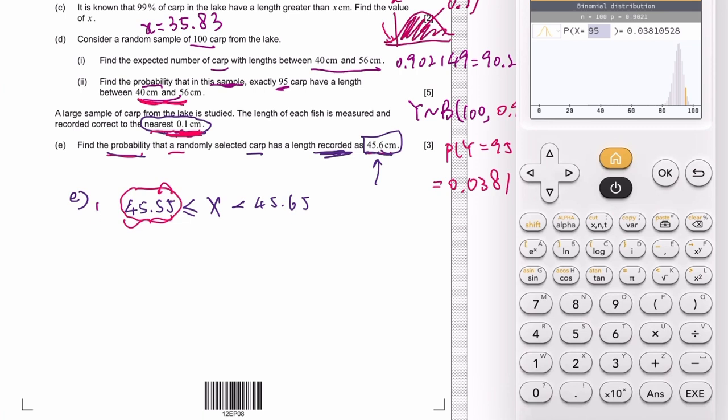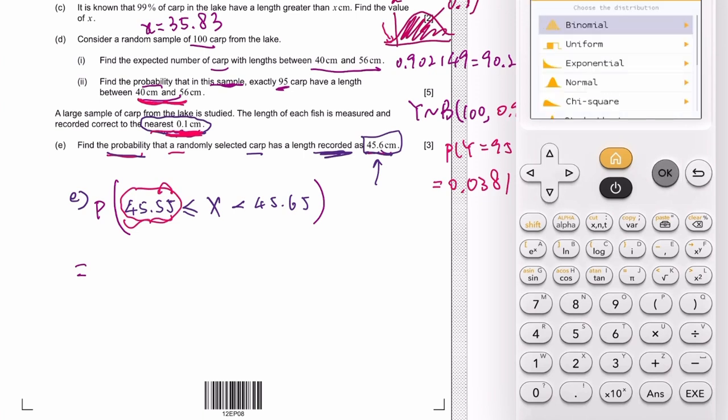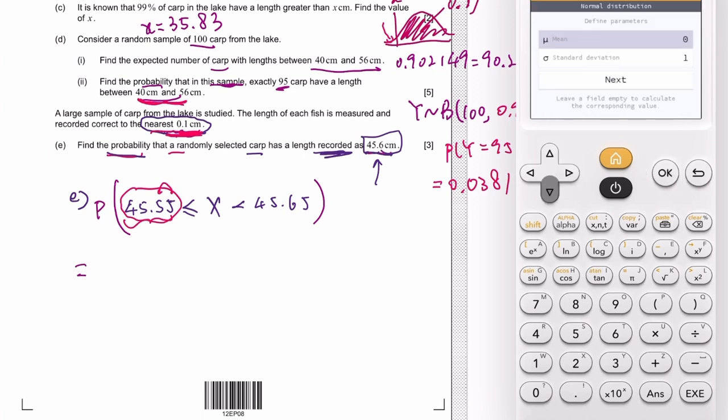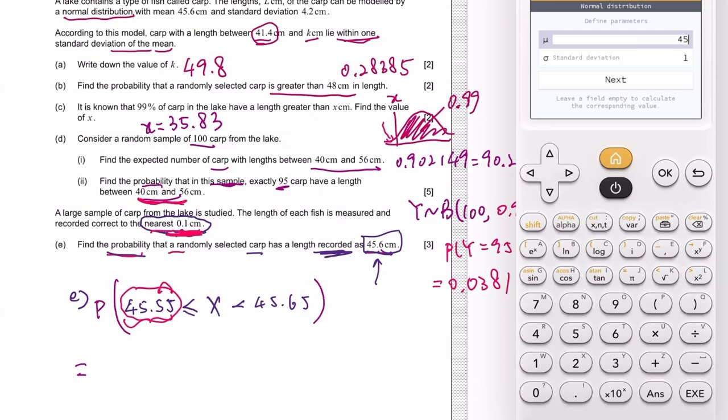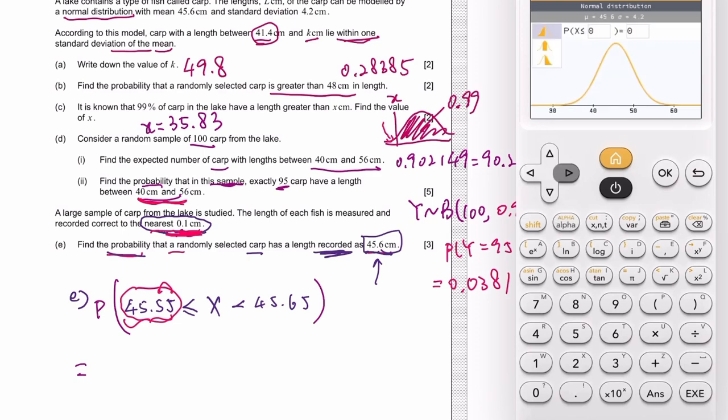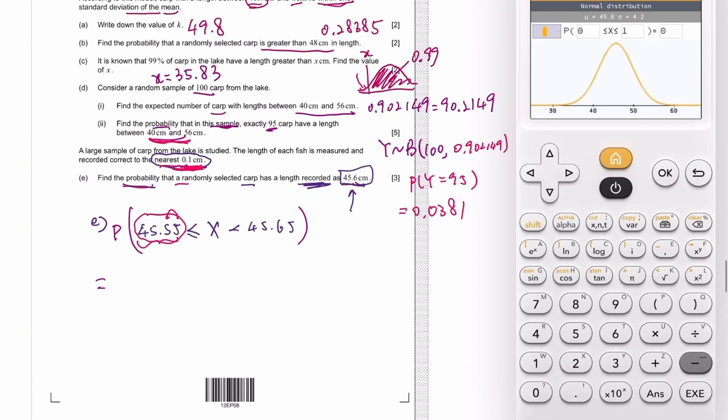And you want to find the probability that an actual fish has a length in this range. So again, this is a normal distribution. And what was the mean of the fish? 45.6. And when you type into the normal CD, whether this is equal or not actually makes no difference.